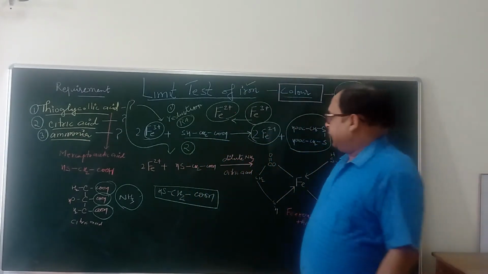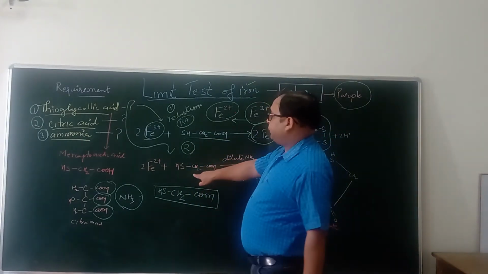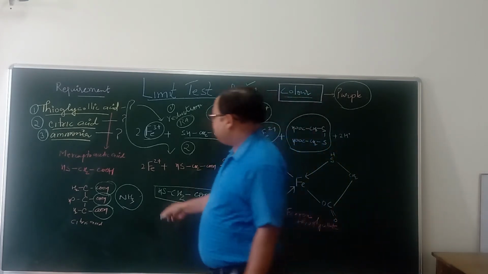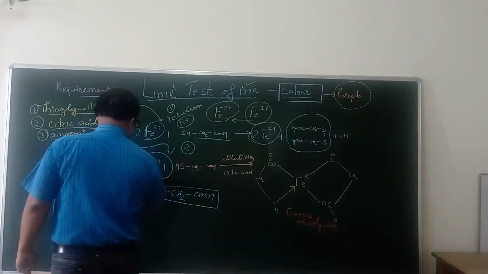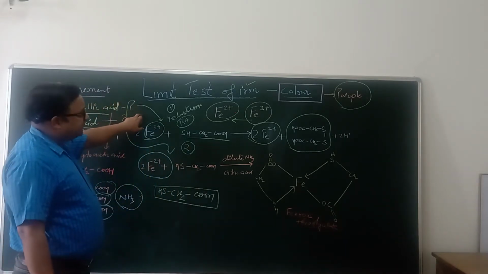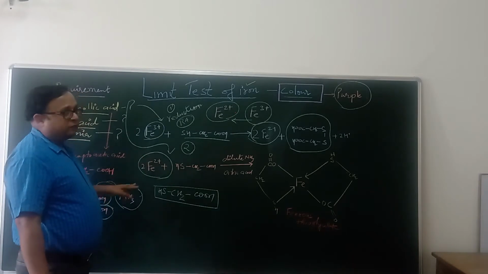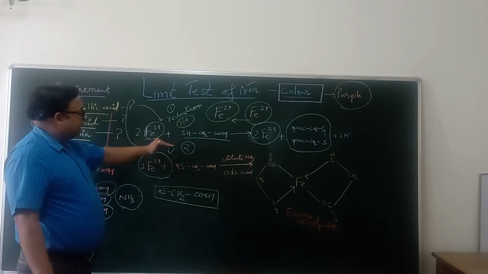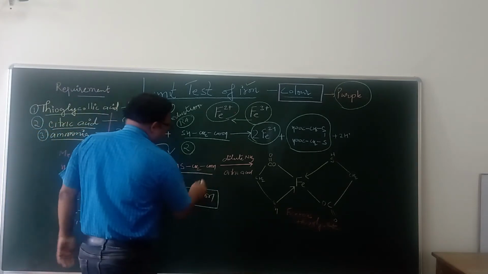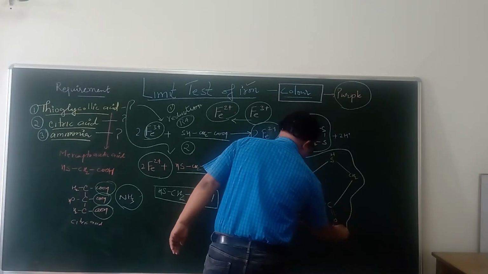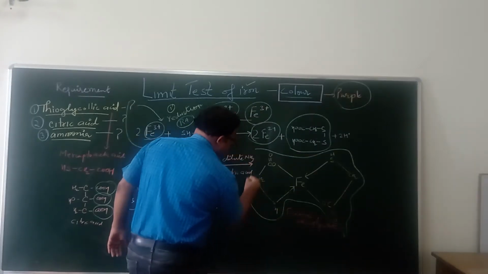Second role, it makes a complex. Please remember, it makes a complex with the ferrous. Now after reduction, in our sample we will have only the ferrous form. So this thioglycolic acid makes a complex with the ferrous.